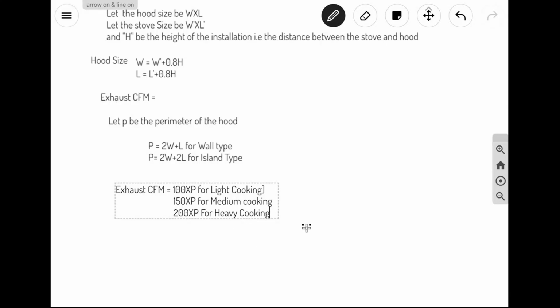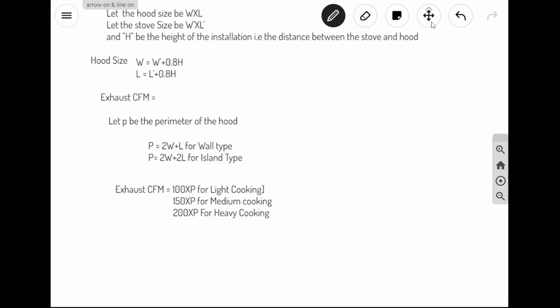Heavy cooking means applications where we cook for a long time, like KFC, McDonald's, Pizza Hut. 150 into P is for small restaurants, and 100 into P is for residential applications.